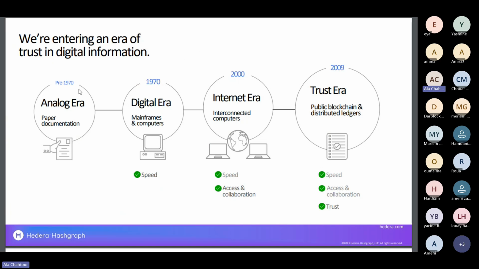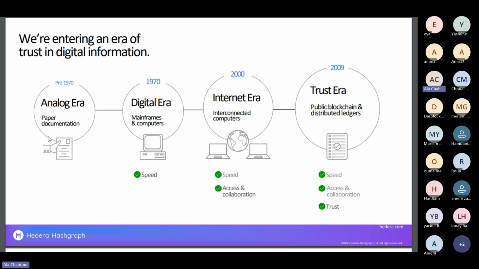Before 1970 we used to register all the information on papers and documents. When computers were invented in 1970, we moved to registering our information on the computer, which gave us speed of accessing the information. But the issue is that the information is located in one place, and we can't share it with other computers.